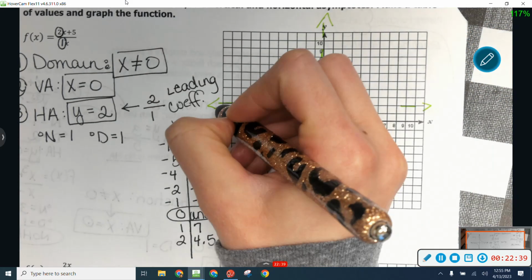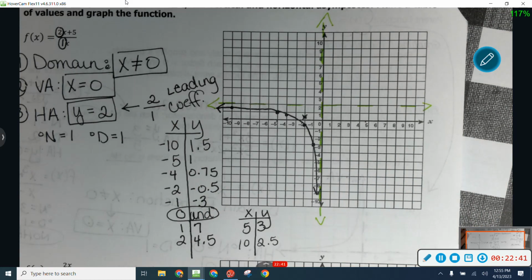And then it just gets close, but never actually crosses that asymptote.